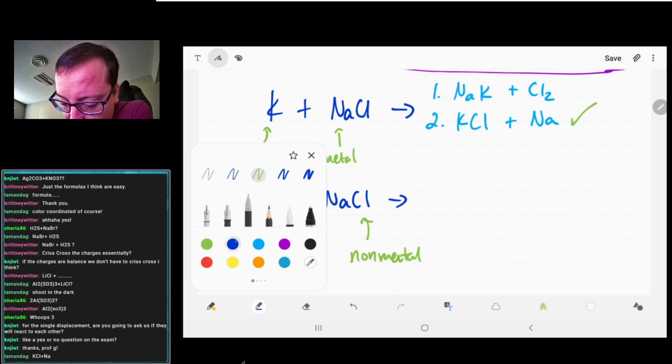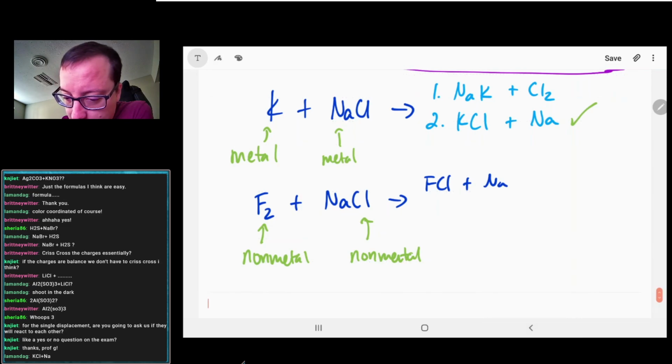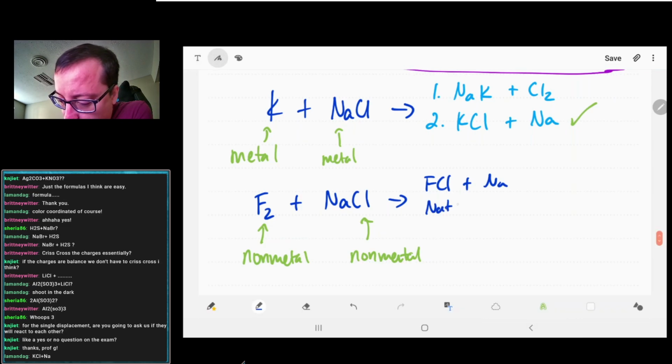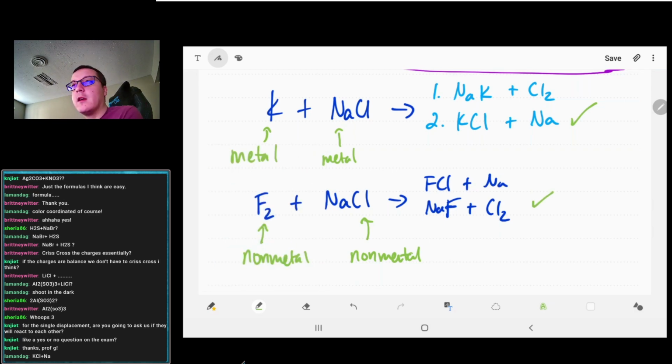So if I do our possible products again, we can get this FCl plus Na, or we can get NaF plus Cl2. And again, that second one is our preferred one, right? So a non-metal will kick out a non-metal, a metal will kick out a metal. So that's really all it comes down to.